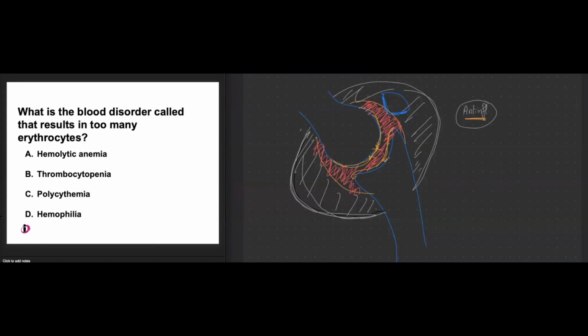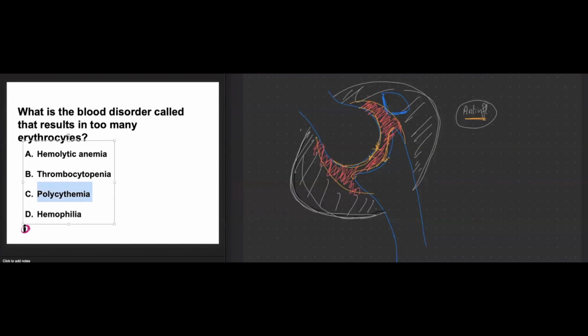All right, so our last question here before we move on to a brief break for 10 minutes. What is the blood disorder that results in too many erythrocytes? Remember, too many blood cells, especially the red blood cells, this is gonna be my polycythemia.